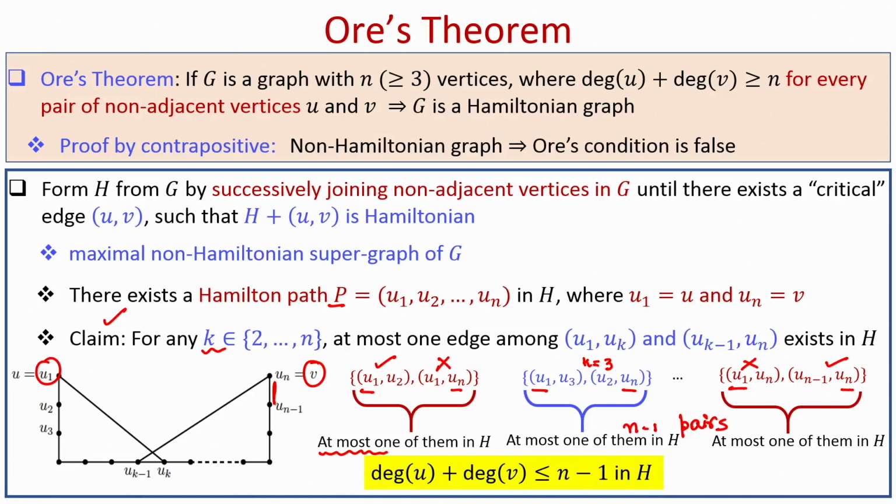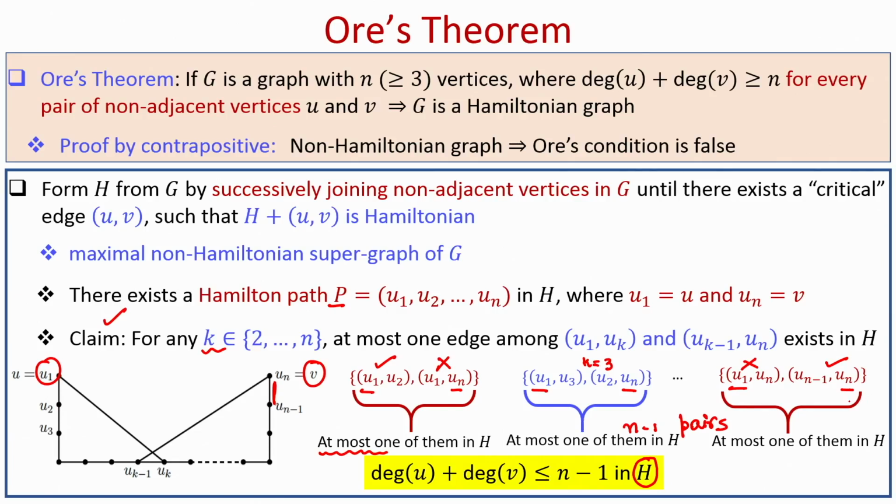So, even if I take the best case for the graph H, where through each pair I get the guarantee that exactly one edge is there in my supergraph H, I can at most get the summation of the degrees of u and v to be exactly n minus 1. And this is the case in my supergraph H. Remember, all the claims I have made are with respect to my supergraph H.